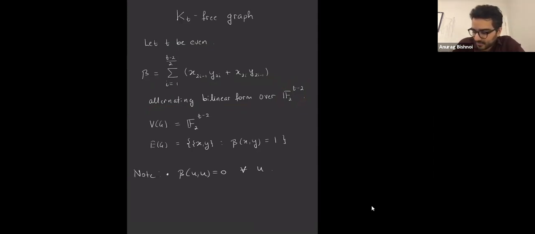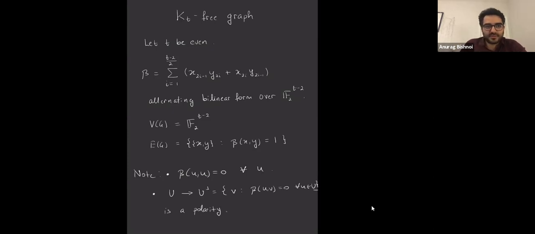And the second thing to note is that this is a non-degenerate alternating bilinear form, which means that this map u goes to u perp, which is just defined again as all those vectors v for which beta of u comma v is 0 for all u in U, is a polarity.